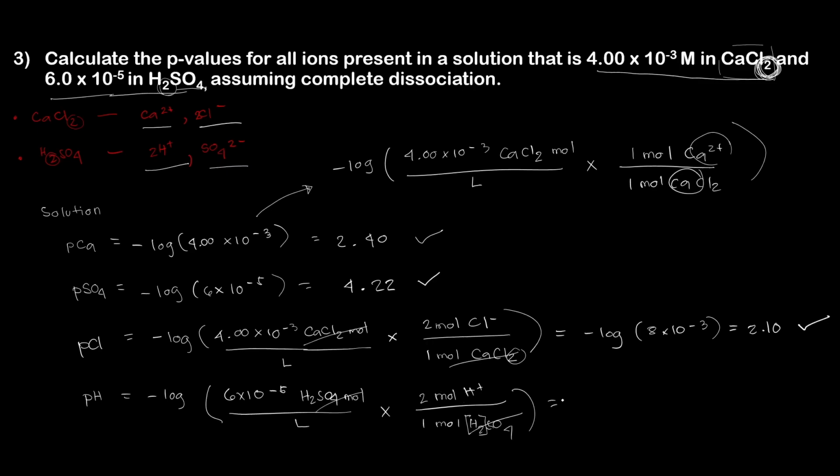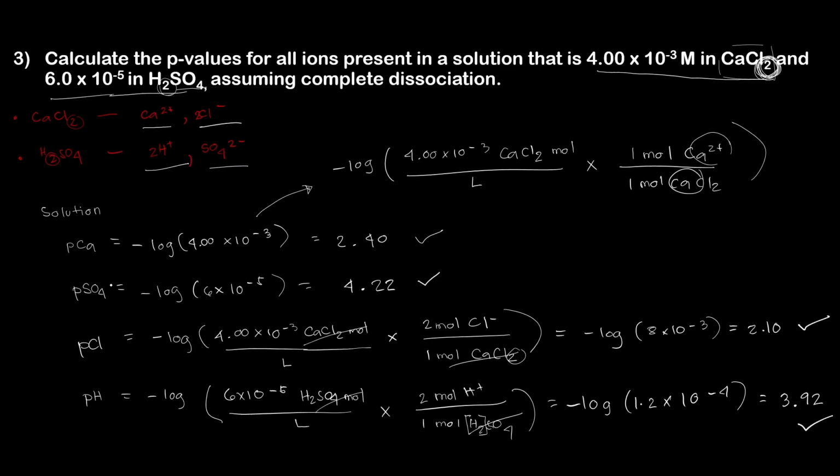Okay, then let's solve negative log 1.2 times 10 to the negative 4. And by solving, negative log of 1.2 times 10 to the negative 4 is 3.92. Okay, so that's it.